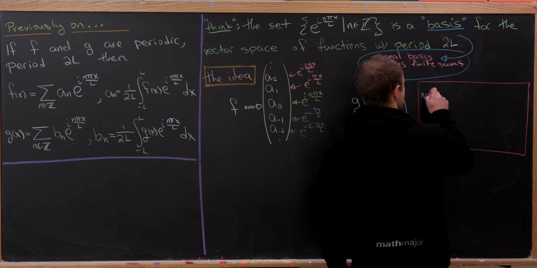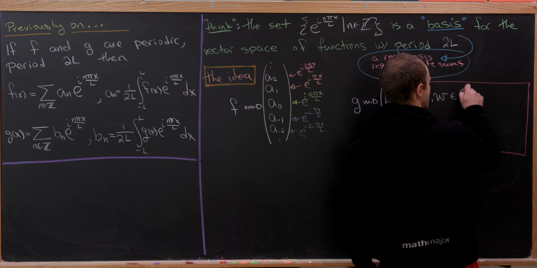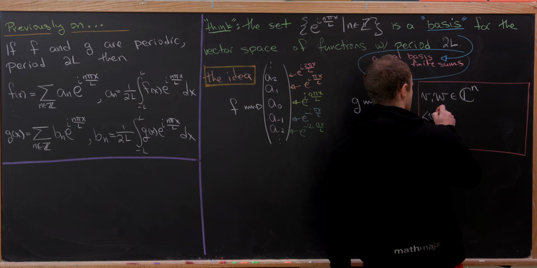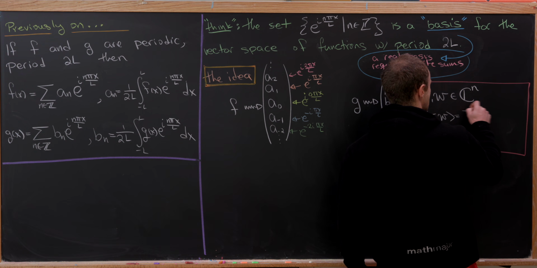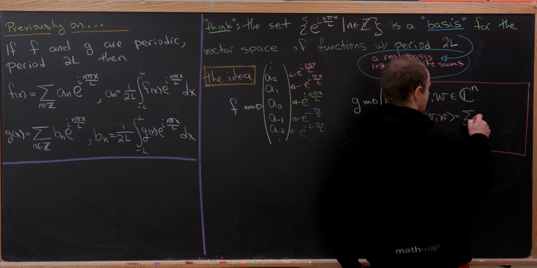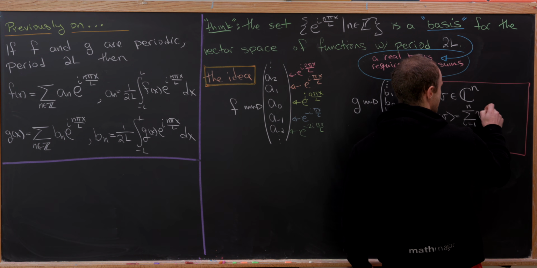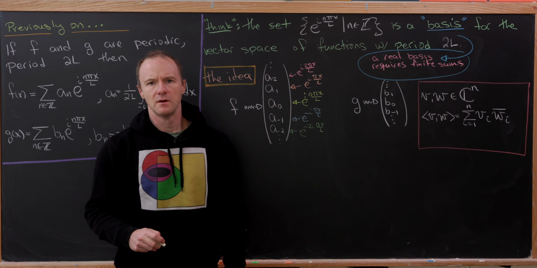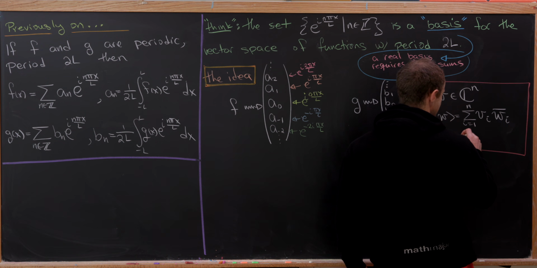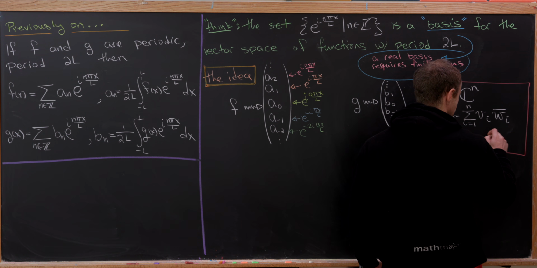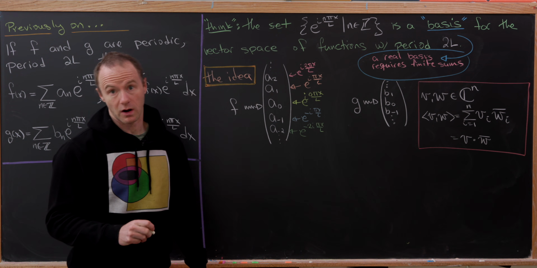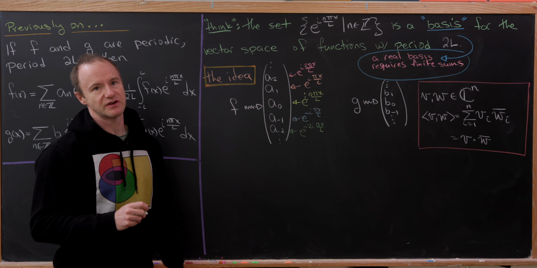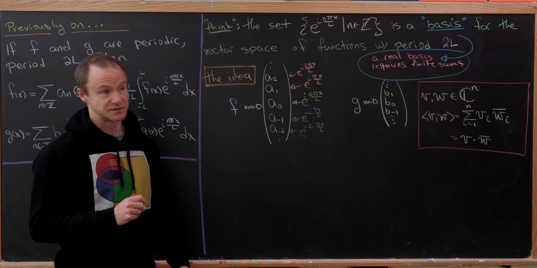Let's say that v and w are both within C^n. Then we would define the inner product of v and w to be equal to the sum as i goes from 1 to n of v_i times w_i bar. But notice in terms of the dot product, that's just simply the vector v dot product with the vector w bar. Okay, so that's our generalization of the dot product to complex vector spaces.